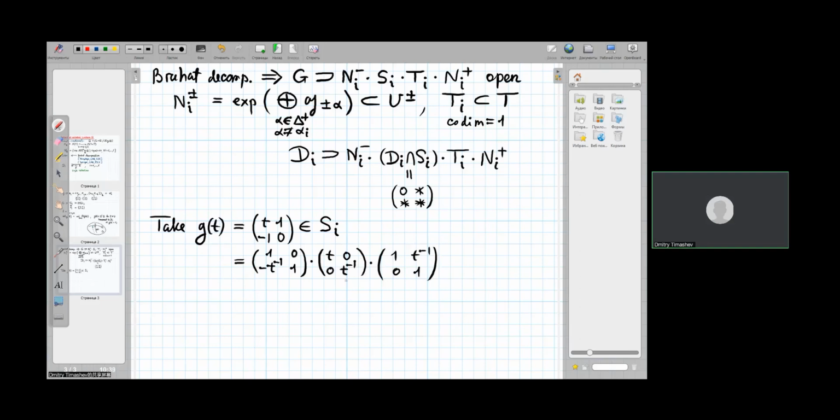So you easily check that this product of the three matrices equals g of t, equals this matrix. I will skip this checking.